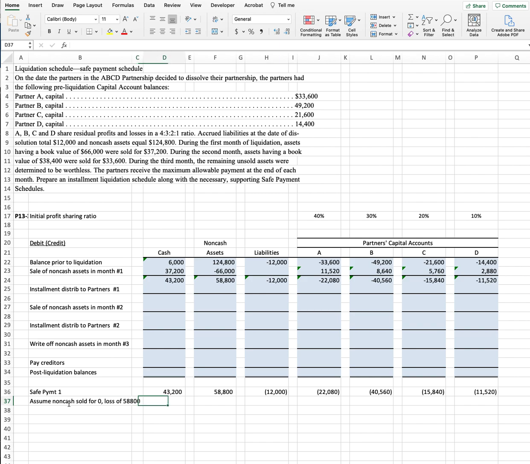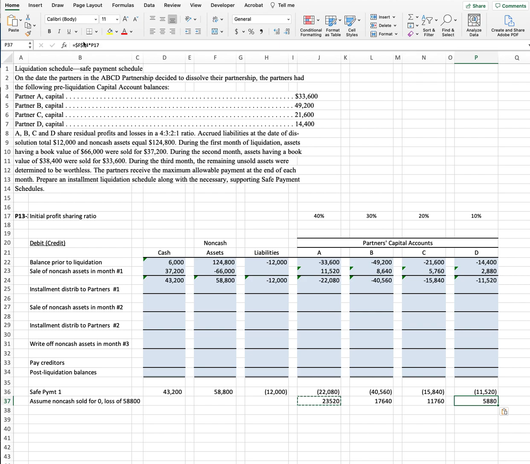When we come over here, we're going to distribute that $58,800 to each of the partners. So we'll say equals this $58,800, multiply it by their percentages, and make this an absolute cell reference so that we can copy this formula over.